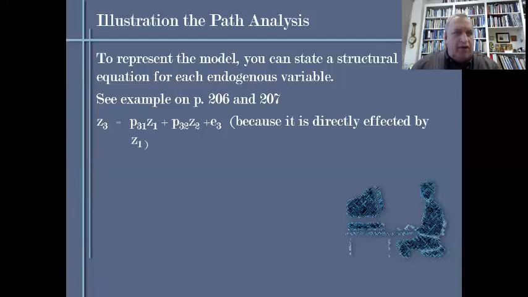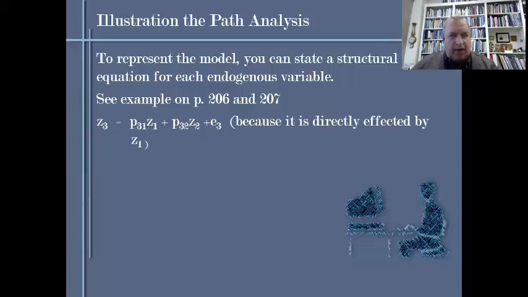But we also notice that Z2 has an impact on Z3. So now we have the P line of 3, 2, which is for what variable Z2 is doing. Plus we have the exogenous, or the outside disturbance term, and that's represented by E3, because it's directly affected by Z1. So you see how that works together, all of those different things.